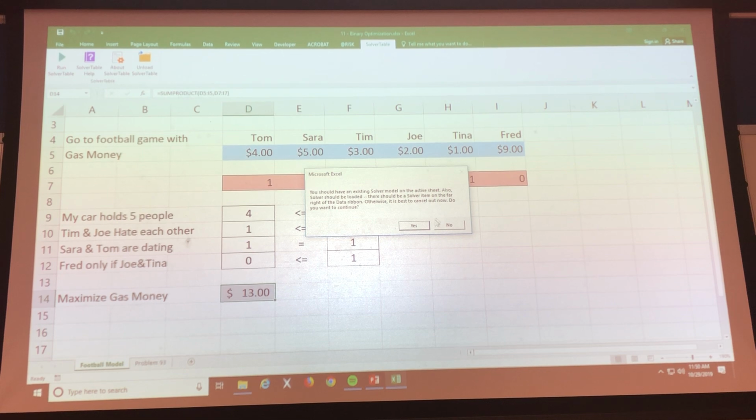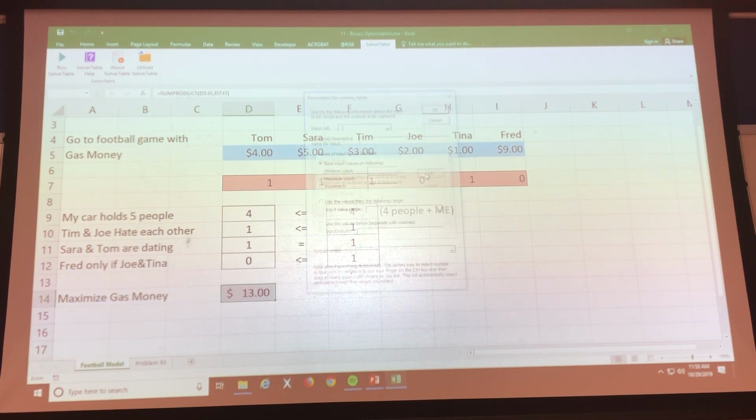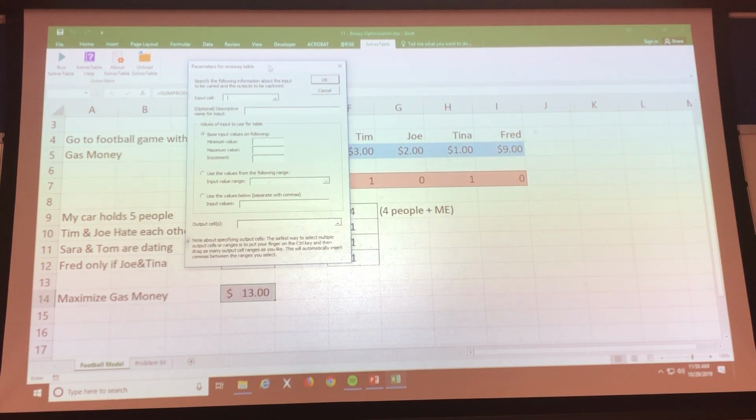And when we run Solver Table, think about what you're doing. What is the input cell? What is the thing that you're varying? I5. Yeah, I5, because I5 is Fred's gas money. That's how much Fred's willing to pay. That's the thing we're going to vary. We want to see how much he'd have to pay in order to be able to go.